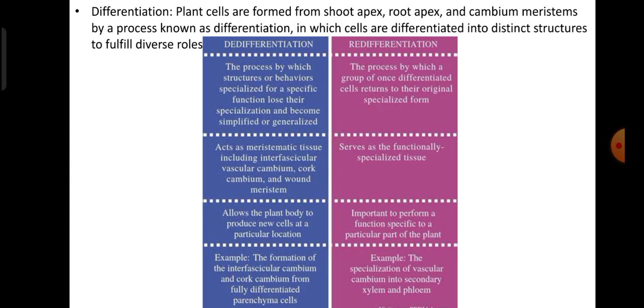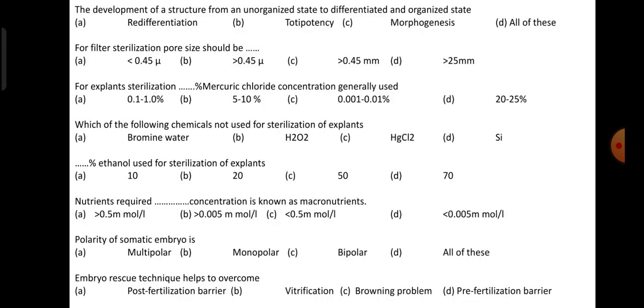It is the process by which structures or behaviors specialized for a specific function lose their specialization and become simplified or generalized. That means it will again become a cell. Whereas redifferentiation is the process by which a group of once differentiated cells return to their original specialized form. Other differences are also given here, you just refer to it.